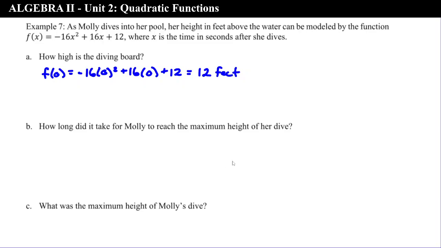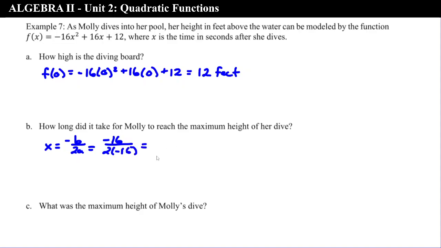How long did it take for Molly to reach the maximum height of her dive? Again, we're looking for the x value for our vertex for time. So we're looking for our axis of symmetry, which is -b over 2a. b in this case is 16. a is -16.